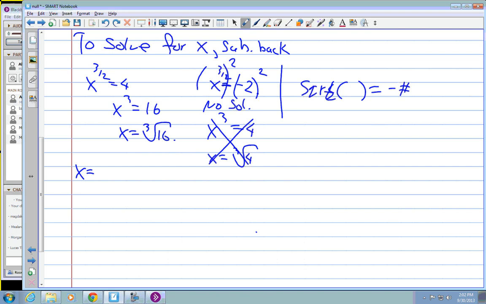Can I take a cube root of 16? No. But can you write 16 as a product of something that's a perfect cube? 8 times 2, right? Can you take a cube root of 8? Yeah, so it's 2 times the cube root of 2. That's the only solution to that equation.